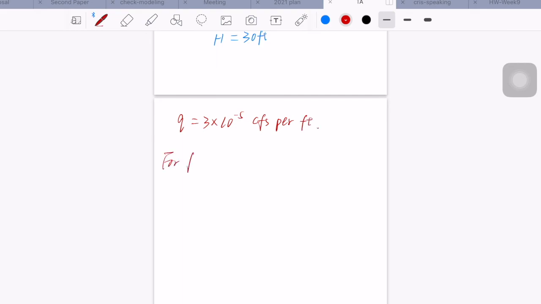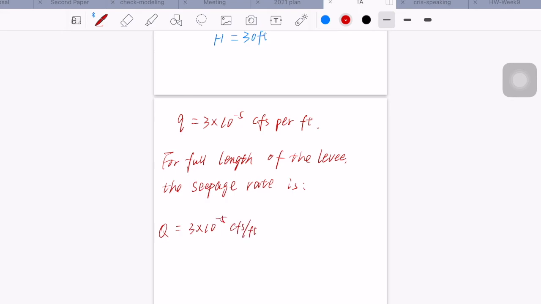And for the full length of the levee, the seepage rate is Q equals 3 times 10 to the power of negative 5 CFS per feet times 980 feet times 449 gallons per minute per 1 CFS.